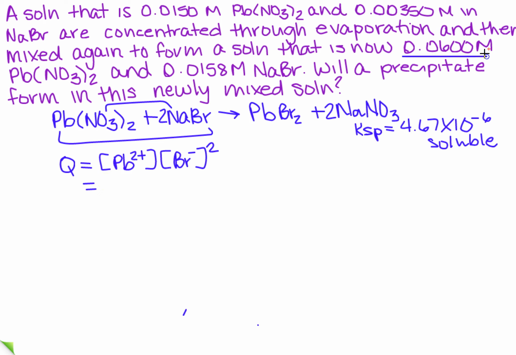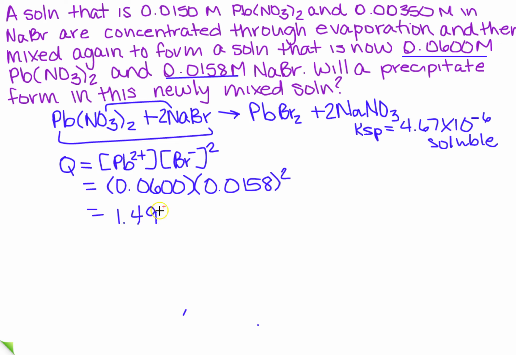That's going to be this one, and then this is for the Br after we mixed it. So it's going to be 0.0600 times 0.0158 squared. I do that calculation, and I get 1.4978 times 10 to the minus 5.